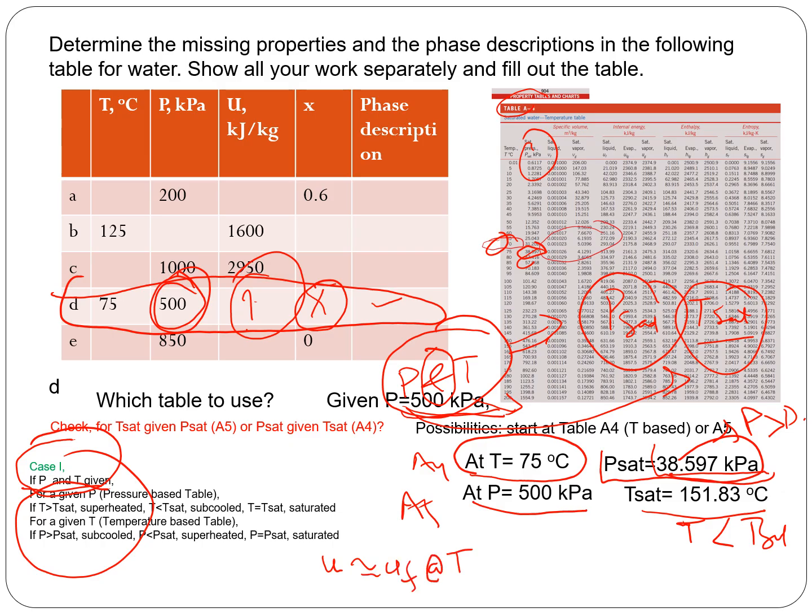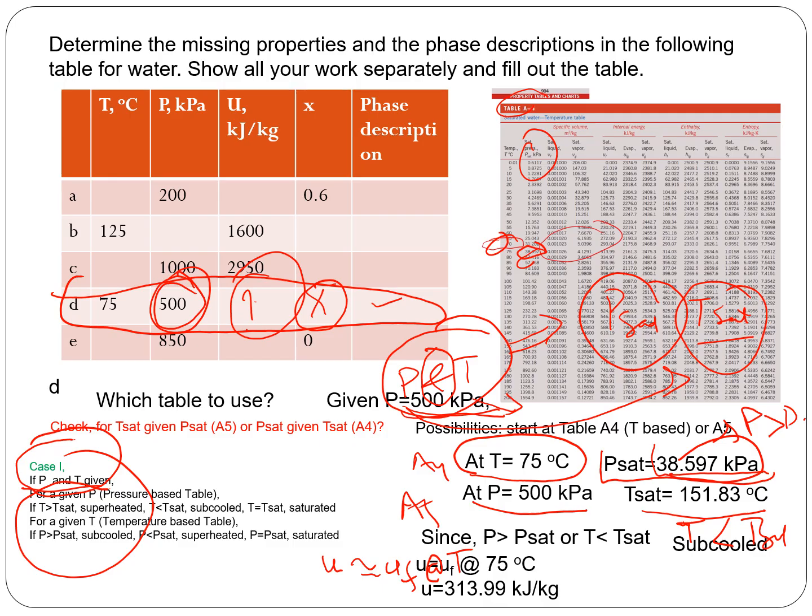So in the subcooled region, the properties are a function of temperature. You can look at the temperature table, and you see that at 75 degrees centigrade, U is 313.99 kilojoule per kg.